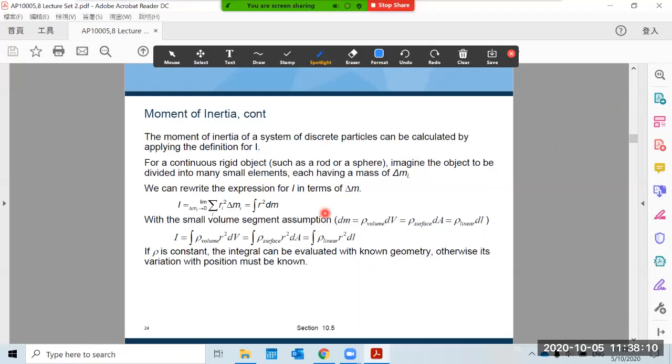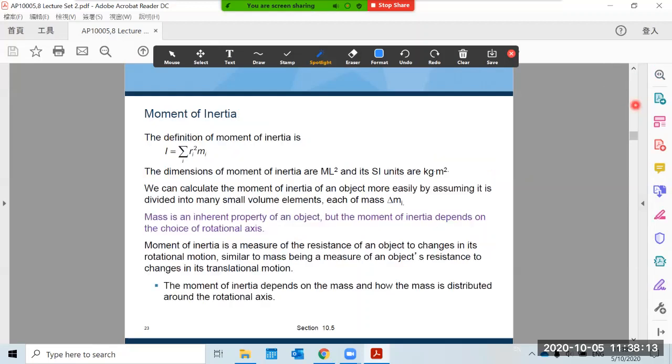Each particle contributes to the moment of inertia in the form m_i r_i squared. m is the mass of that particle, and r is the distance of that particle from the axis of rotation. So the location of the axis is very important because that affects the values of r for all the particles and therefore affects the final value of I. I, by the way, has a unit of kg times meter squared.